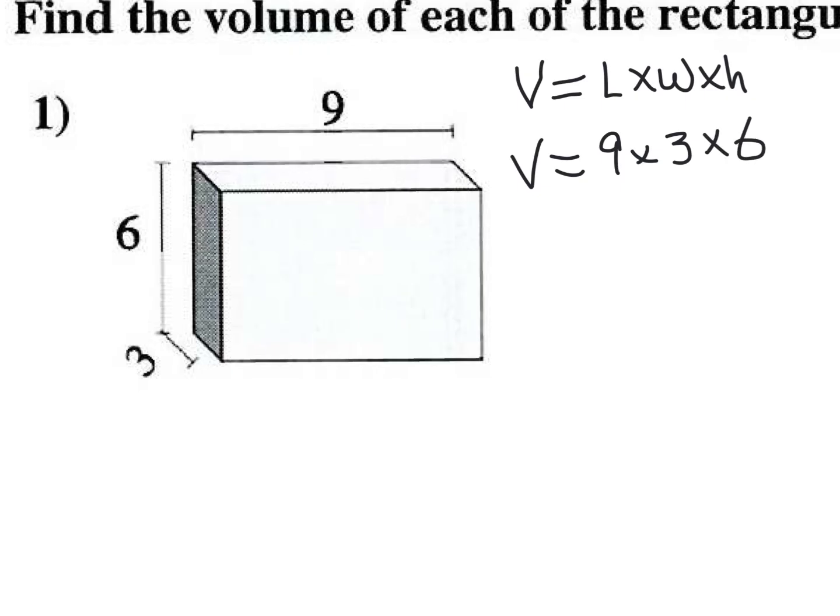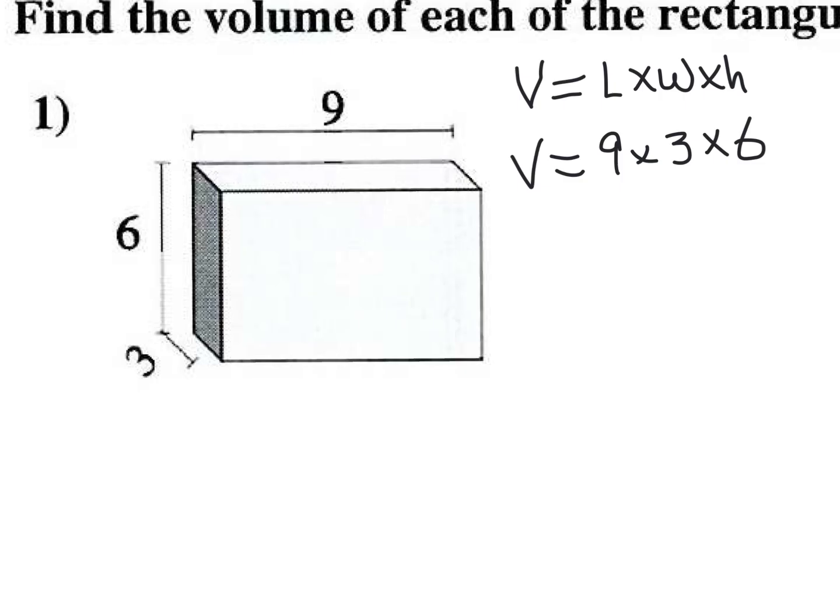Now, it really doesn't matter which one you call length, which one you call width, and which one you call height. But if you take a look at the shape, the side that's facing you is 9 units long. The side that goes from the front to the back, which we would call our width, is 3 units long. And then the side that goes from the bottom to the top is 6 units long.